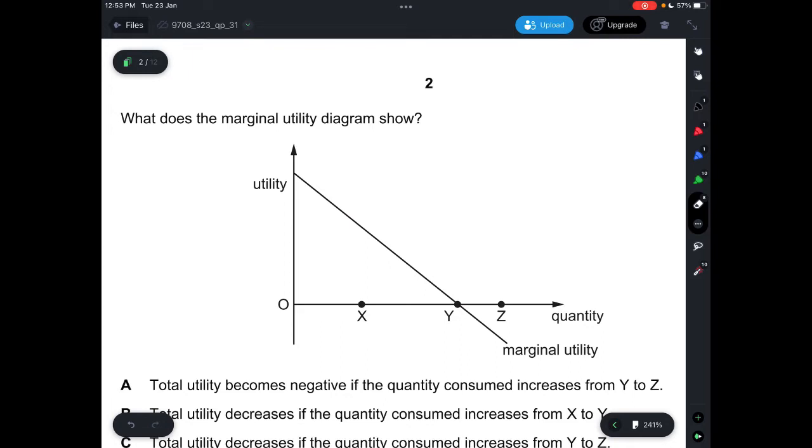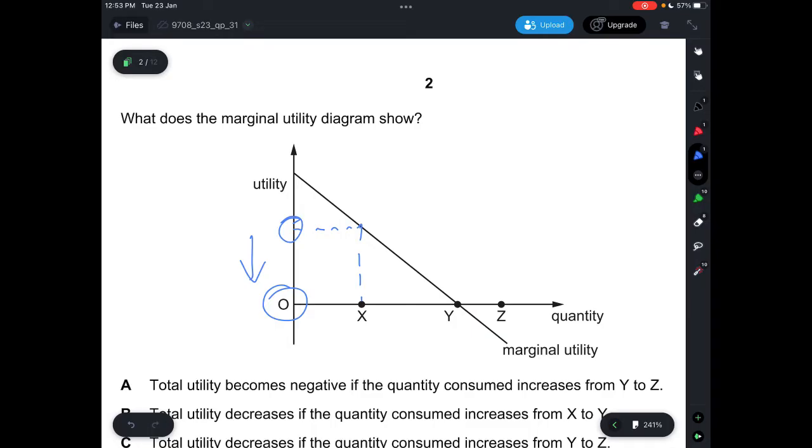So you can see here, let's say we start from quantity X. The marginal utility that you're getting is around this point. Then when you consume until quantity Y, a larger number, the marginal utility you're getting is 0, so it's dropping.